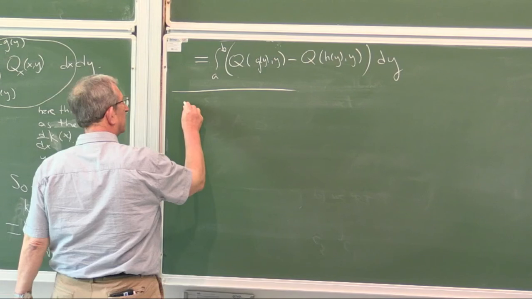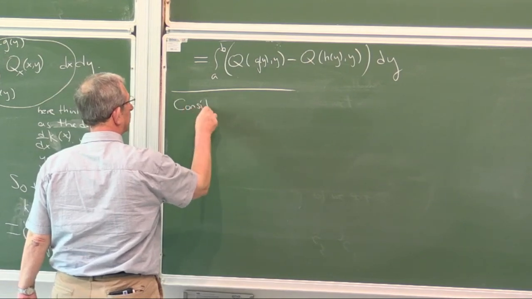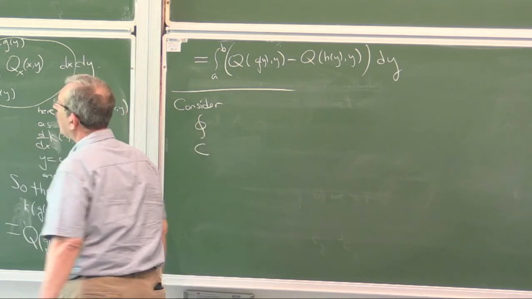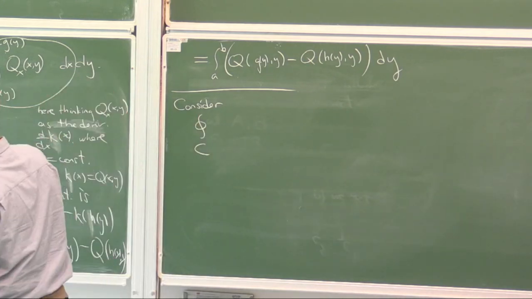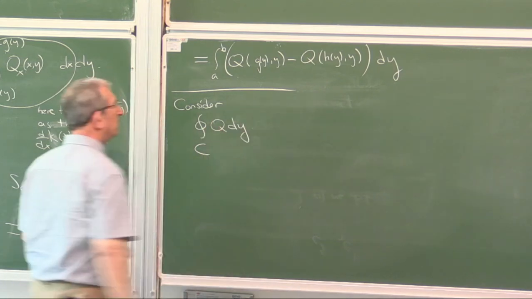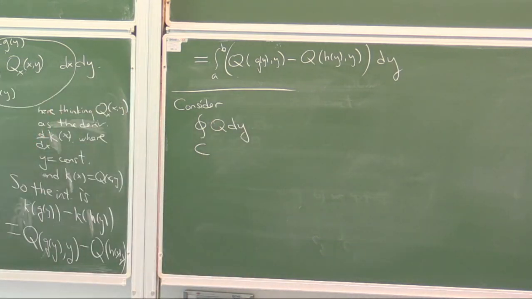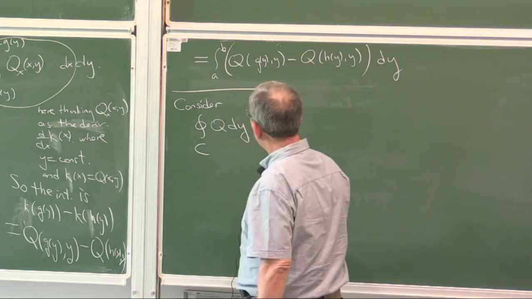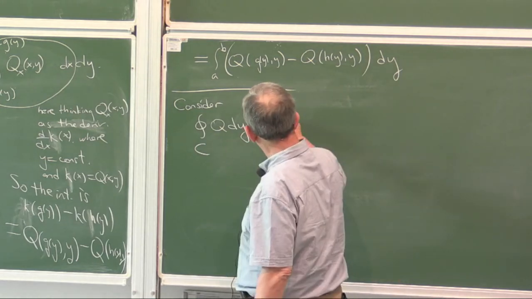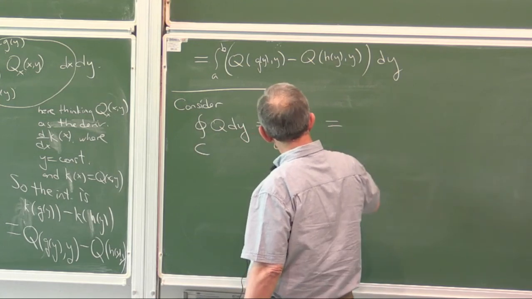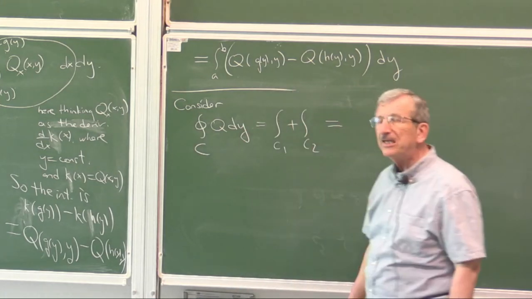Let us consider now the integral over C of q dy, the second part of the line integral. Certainly, this is the integral over C1 plus the integral over C2, and we can parameterize each of them separately.